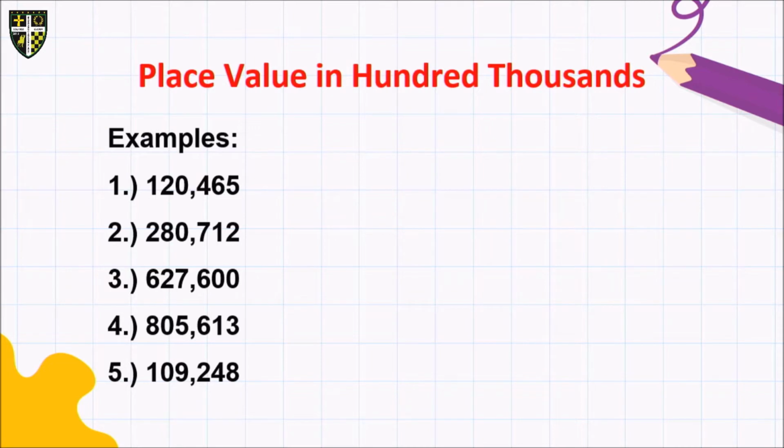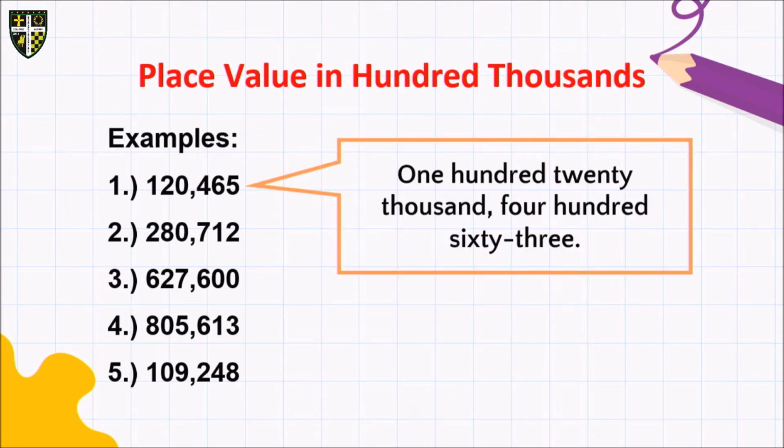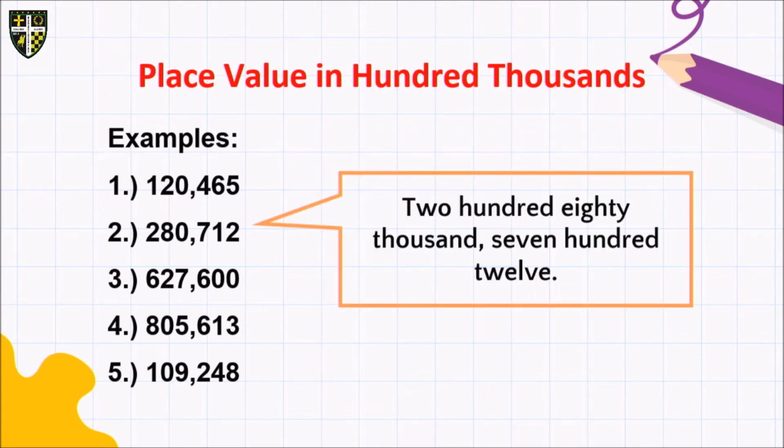For the first example, we will write it as 120,000, 460-3. Period. So as we can read it, 123,463.